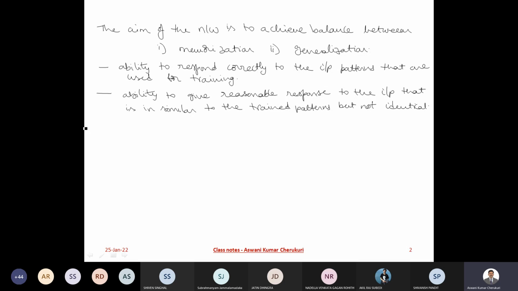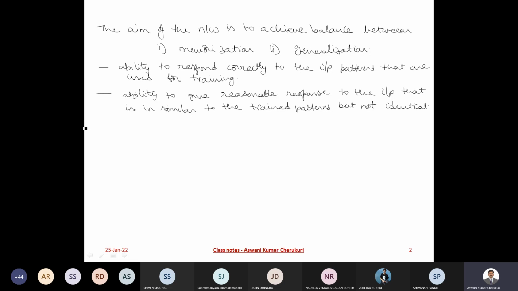Those weights work for all four input patterns, whether 1 1, 1 minus 1, minus 1 1, or minus 1 minus 1. It is not saying, no, I forgot the first input pattern now that I have learned the fourth input pattern.